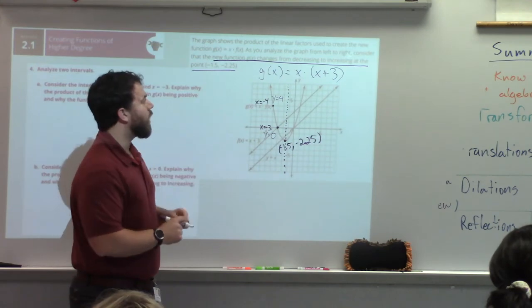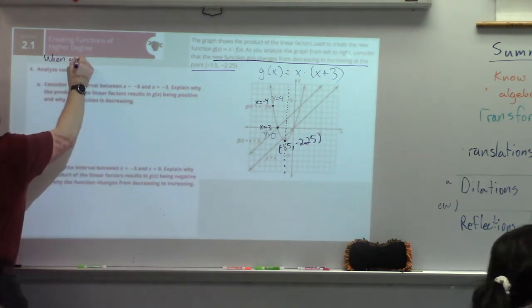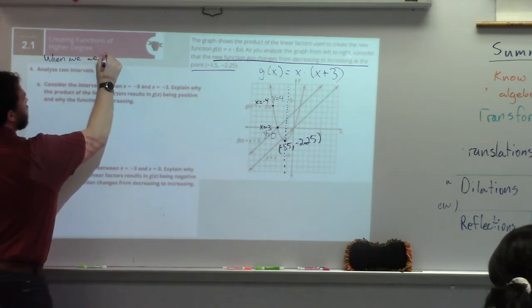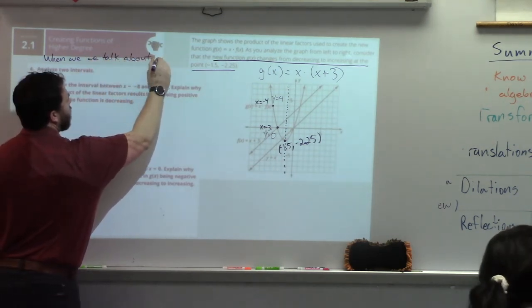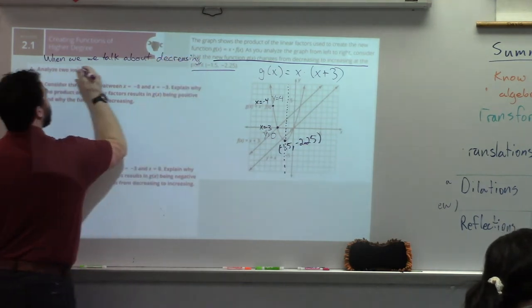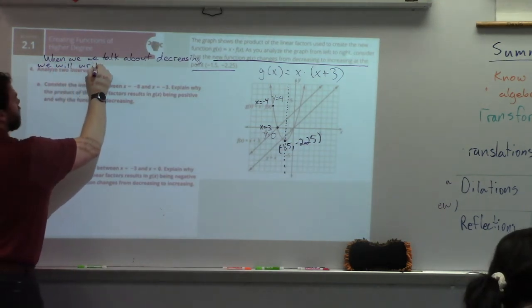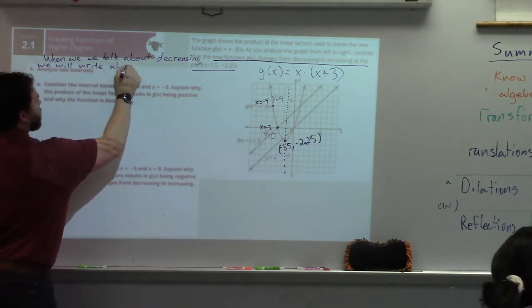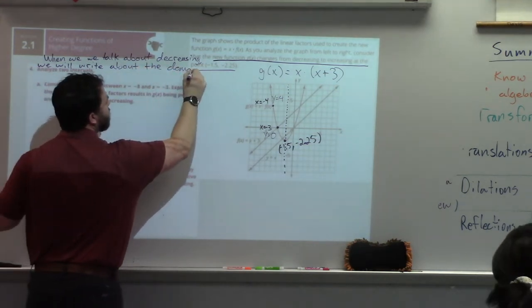I need you to write this down. When we talk about decreasing, we will write about the domain values.